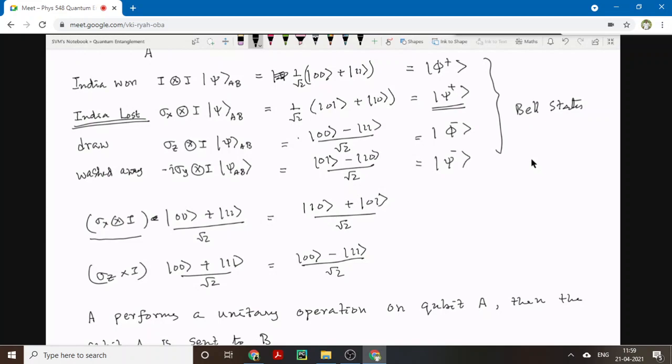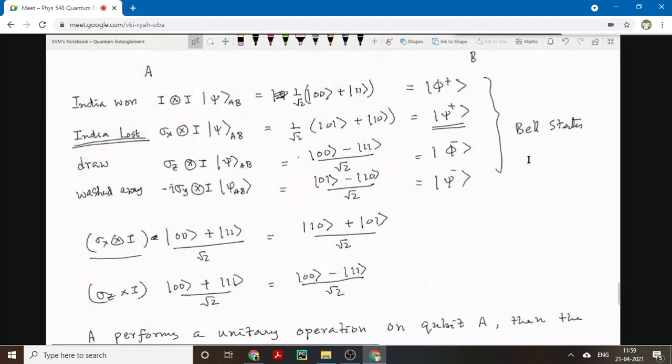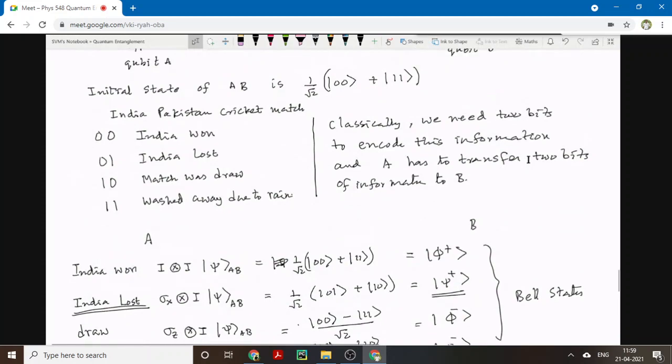If entanglement is not there, then it is not possible to code these 2 qubits of information in 1 qubit. So this is one application called superdense coding. You can actually code more information in 1 qubit than you can in classical information because of this non-local correlation present in the system.